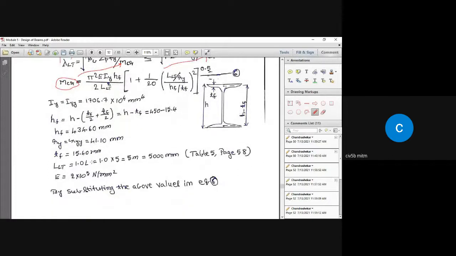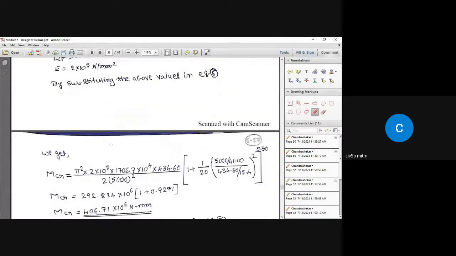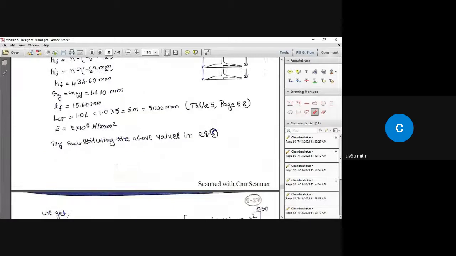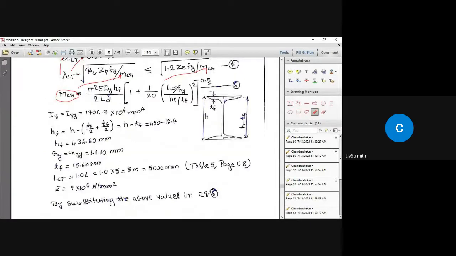If you look at this example, first I have calculated the MCR value. If you look at this formula, whatever values are required to find out the MCR, I have written here. What is IY? That is nothing but IYY, which you are going to get from the steel table. What is HF?